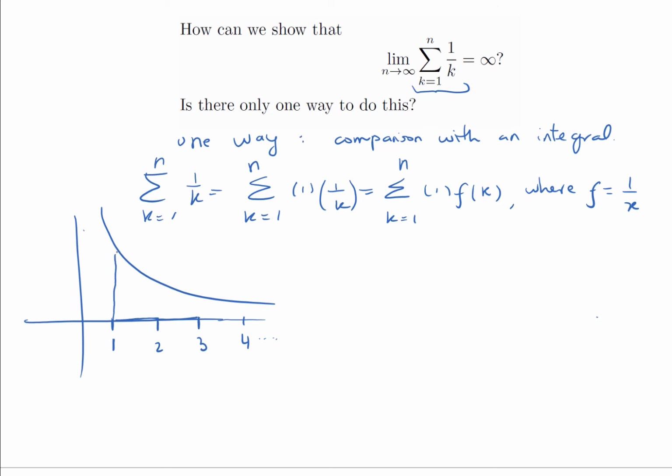So here we have this rectangle of height 1/2. Height 1/3. So here's the rectangle. And we're adding areas of those rectangles up from 1 to n. And then as n grows large, we're adding more and more areas.